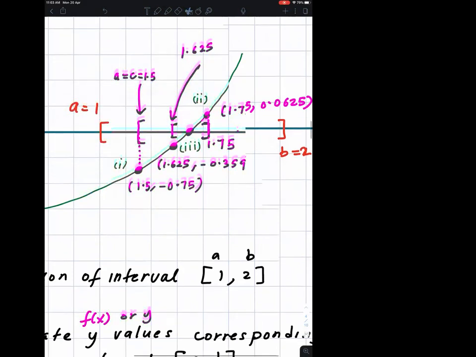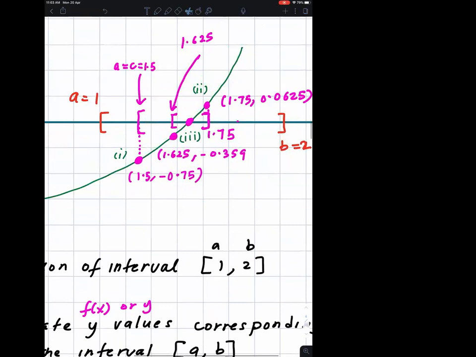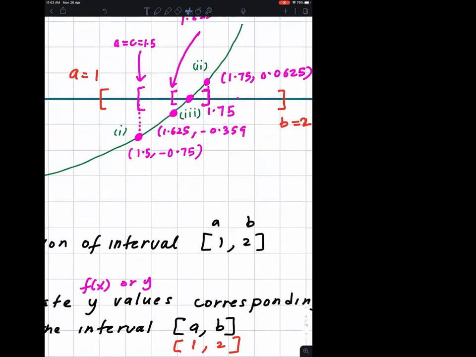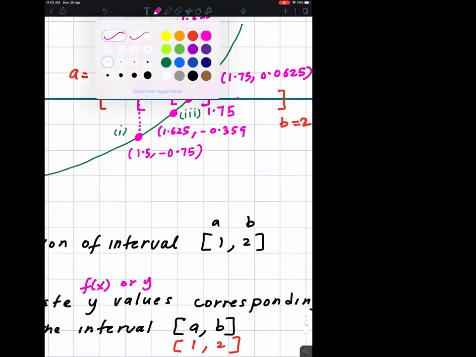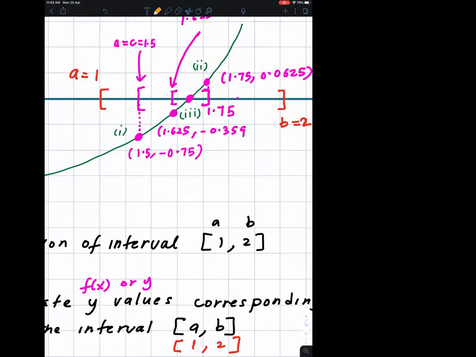For each iteration we are closing in. The root is right on the x-axis, the zero crossing of the curve.